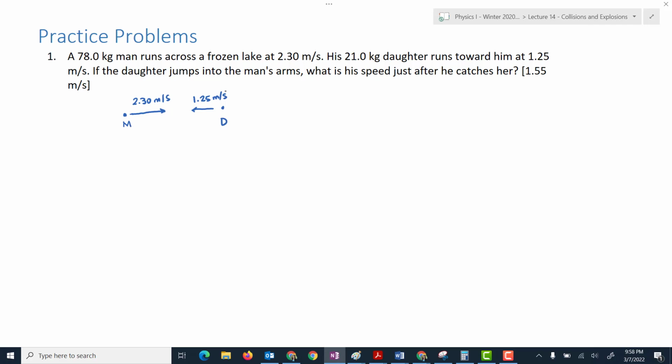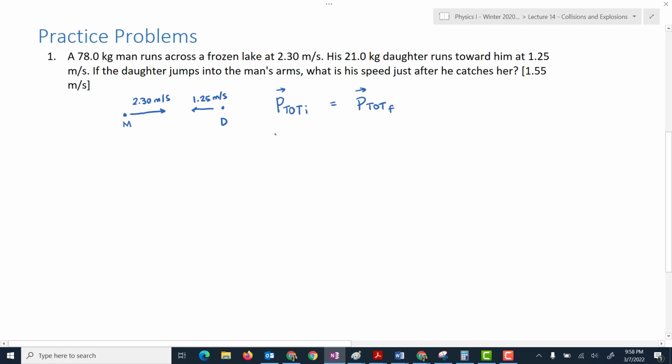So we're going to do conservation of momentum. P, the symbol for momentum, total initial equals momentum total final. Momentum is a vector, so we could put vector hats here if we wanted to signify that. We have 2 different objects here.